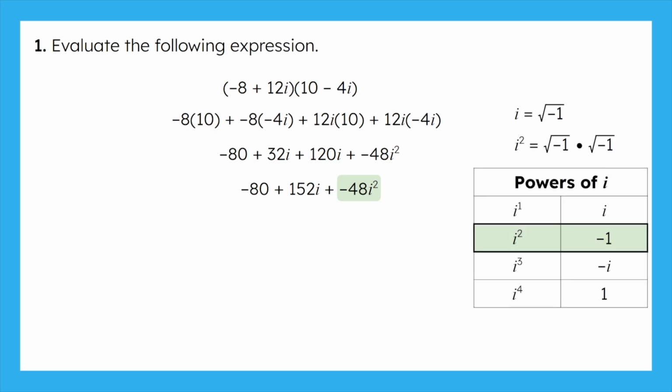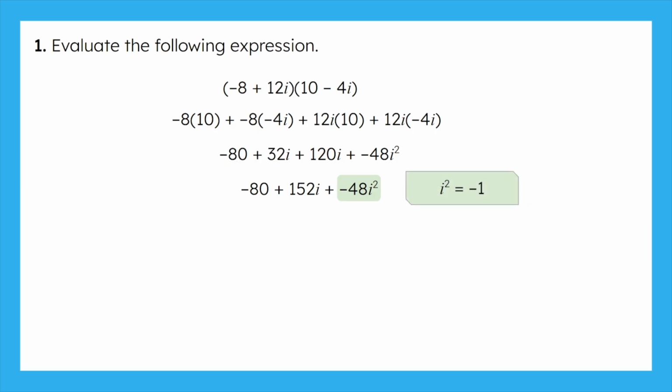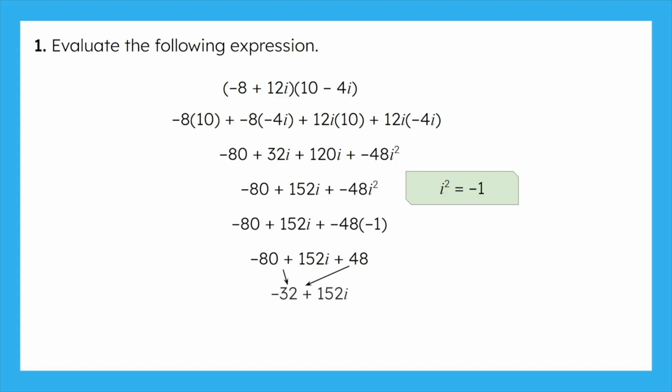We learned that it's one of the steps in the 4-power cycle of i, so we can now use i squared equaling -1 to replace that i squared in our expression with -1. -48 times -1 equals positive 48. What's our next step? Yep, we combine -80 and positive 48 to get -32.